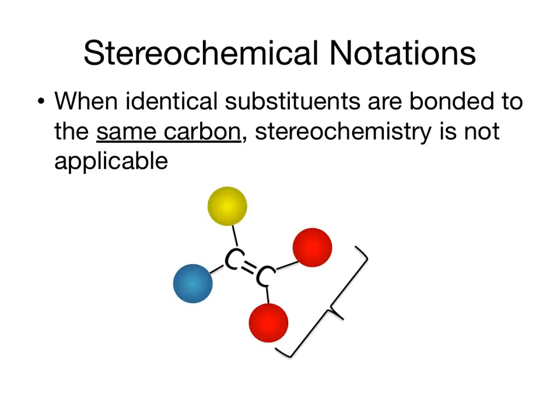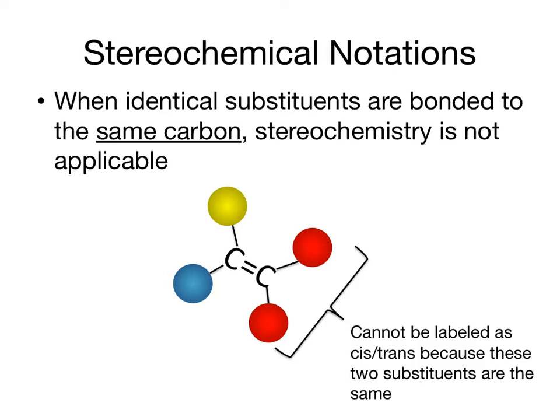If a carbon participating in a double bond has two identical substituents, like two hydrogens, for example, you cannot label them as cis or trans because I can't assign priority or say that either of these two substituents are on the same side of another if it's the same thing on both sides of that double bond.